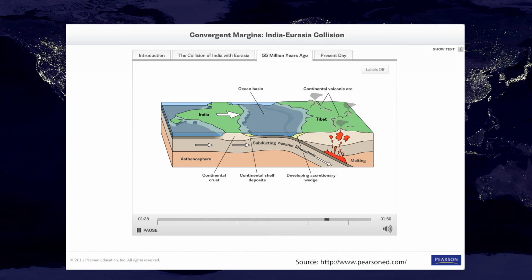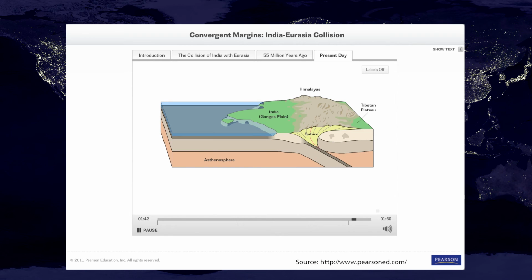Notice that the subduction of ocean floor is taking place beneath the region now known as Tibet. As India moved toward Eurasia, more and more of the intervening ocean floor was subducted. You now see a profile view of present-day India and Tibet. The Himalayas were uplifted as part of a continental suture.